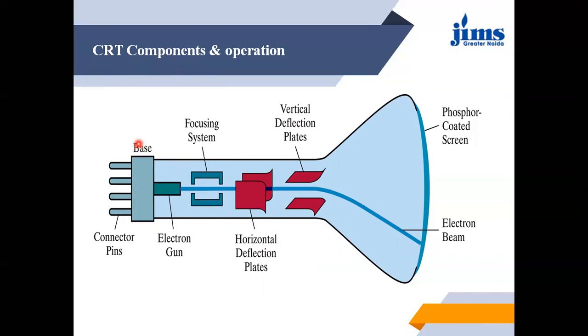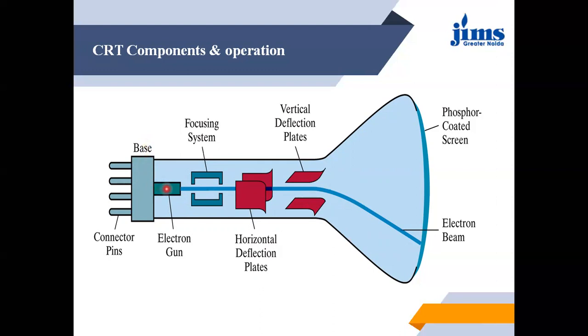In the cathode ray tube, the operation is performed by an electron beam, and the electron beam is generated through the electron gun. These are the connectors that are used to give the input in the form of electricity, and this is the base.